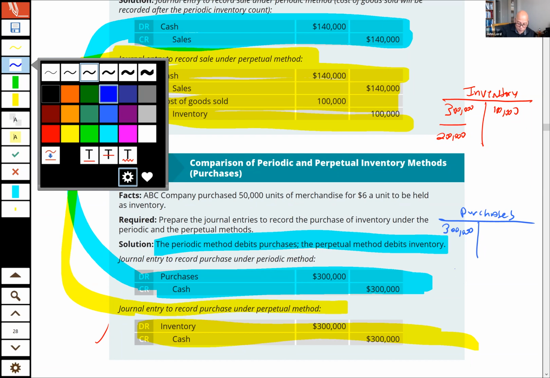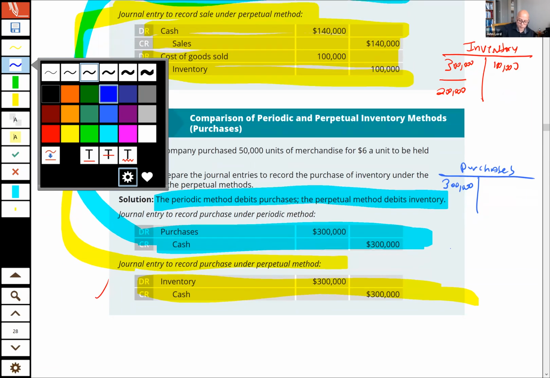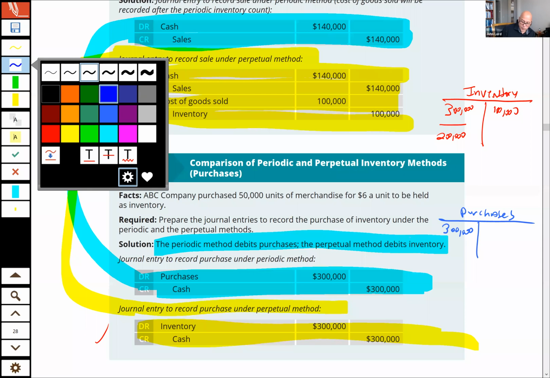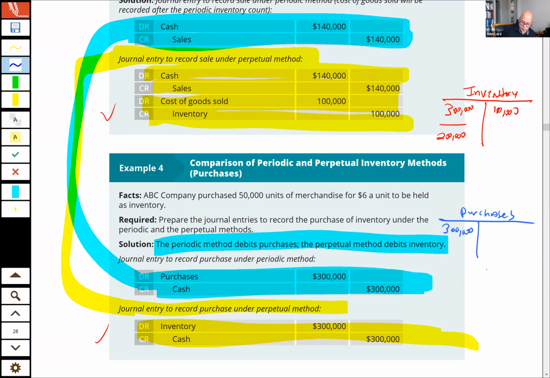So I have this purchases here, and what I want to do is record my inventory. So what happens? Now I'm going to say, well, beginning inventory, and I'm going to assume the beginning inventory was 0.